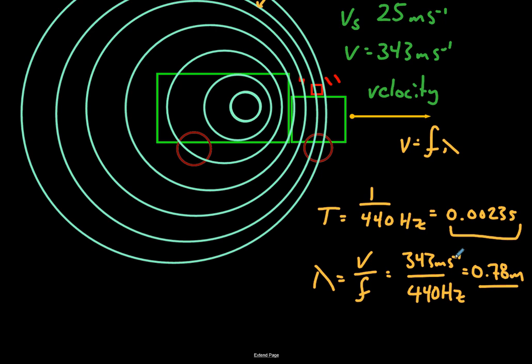Okay, but now realize this. Before the next wavelength can be emitted, the ambulance has moved forward a little bit, thereby shortening the wavelength. So we can figure out how far it's moved during the space between emitted wave fronts, which of course is 0.0023 seconds.